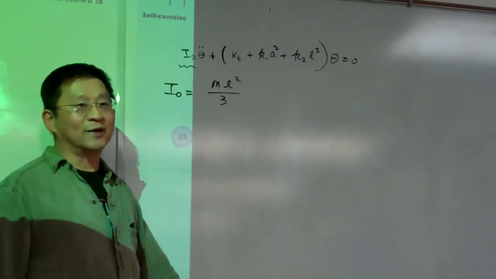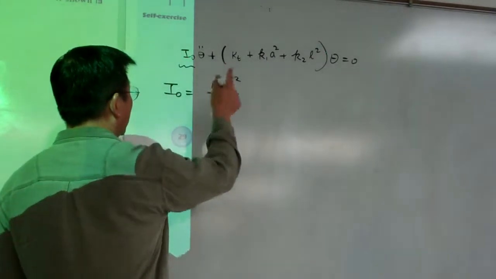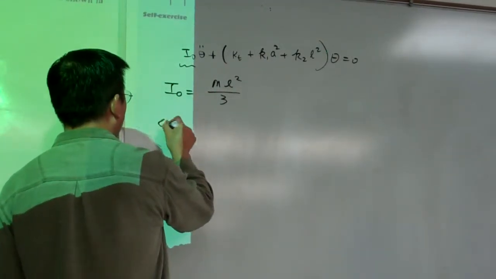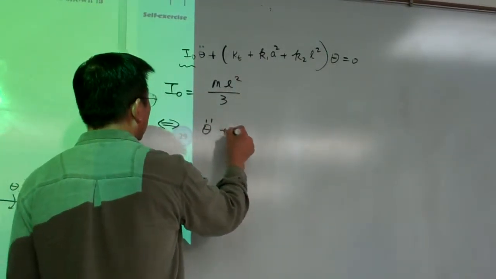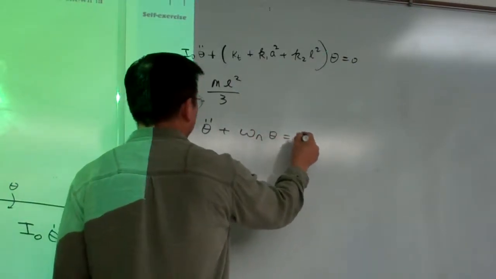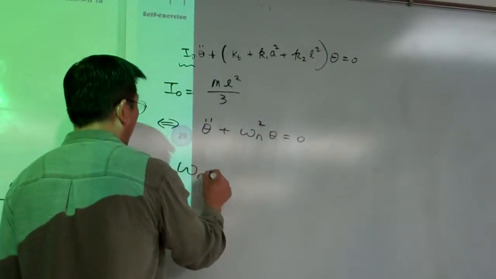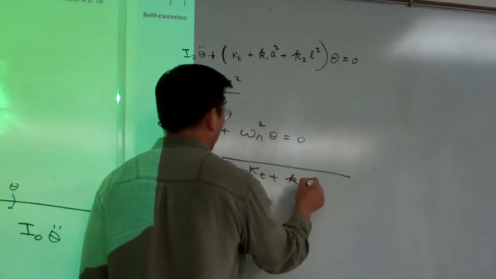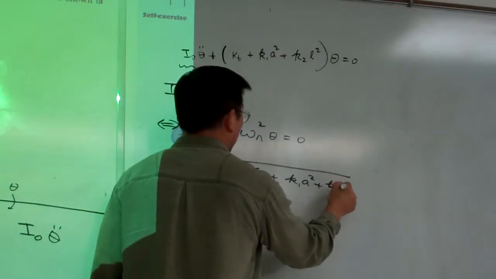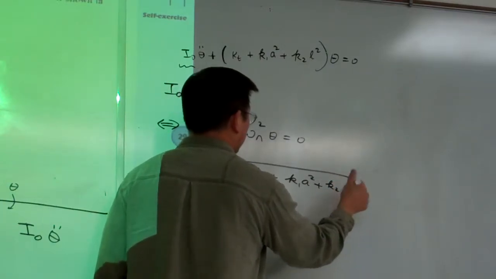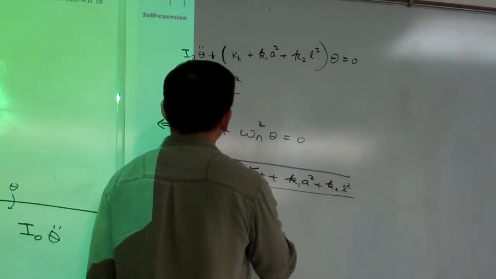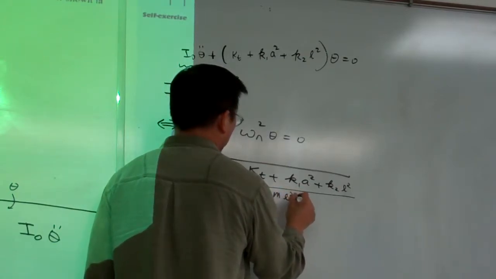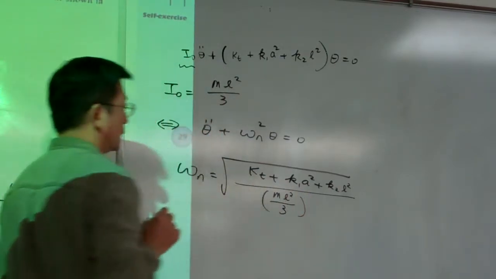Keep those things in mind. In this way you can have the equivalent description theta double dot plus omega n squared theta equal to 0, where omega n squared should be equal to (KT plus K1 A squared plus K2 L squared) divided by (mL squared divided by 3).